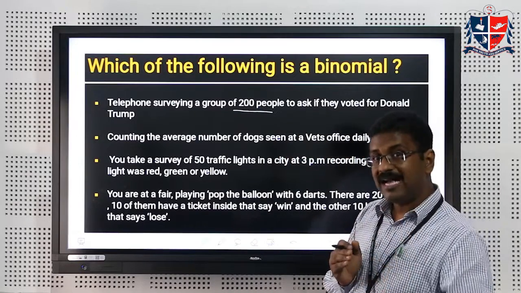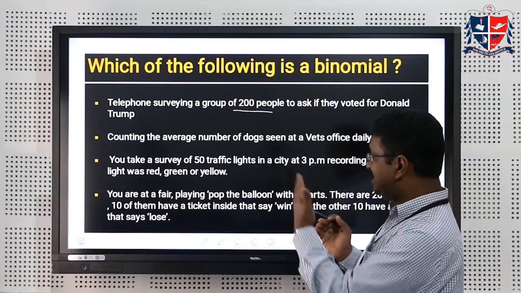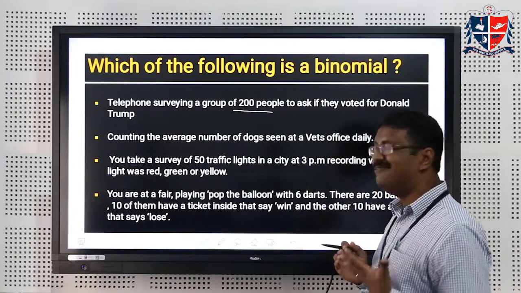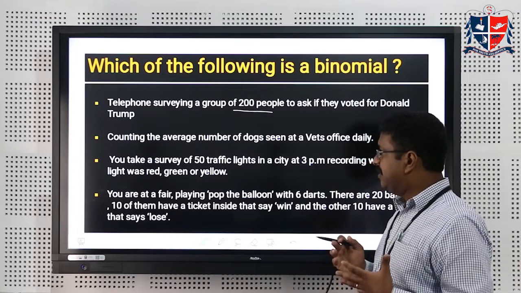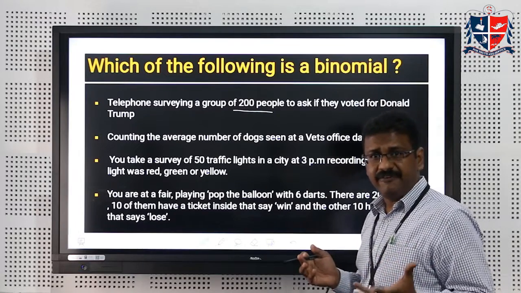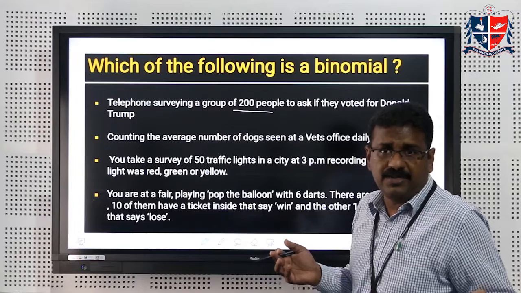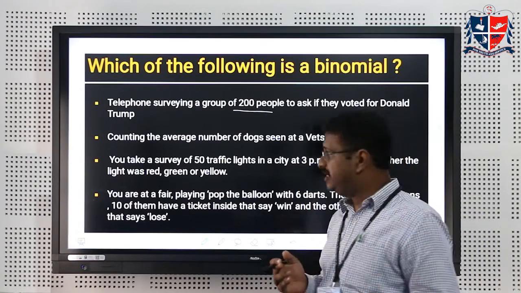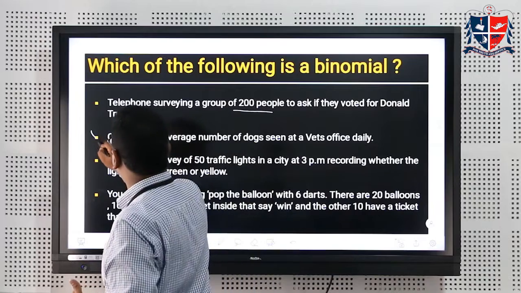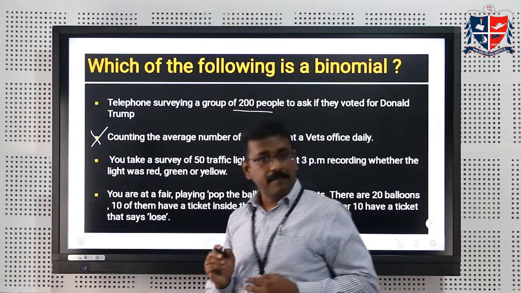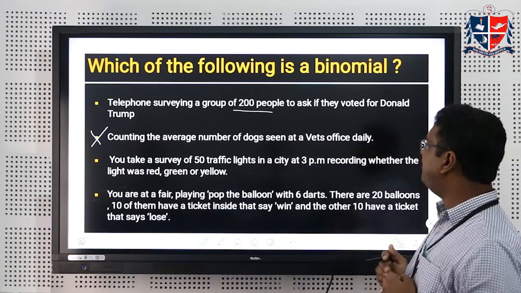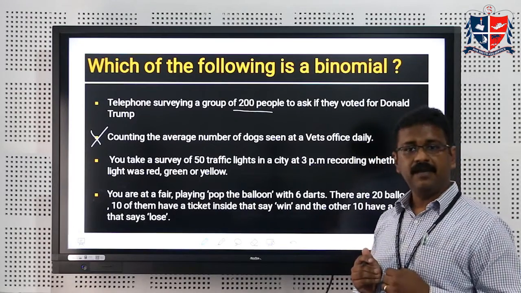Now the second statement says counting the average number of dogs seen at a vet's office daily. The average number could be anything, 50, 60 or maybe 100. So you don't have a fixed number of observations, and this cannot be considered a binomial problem.